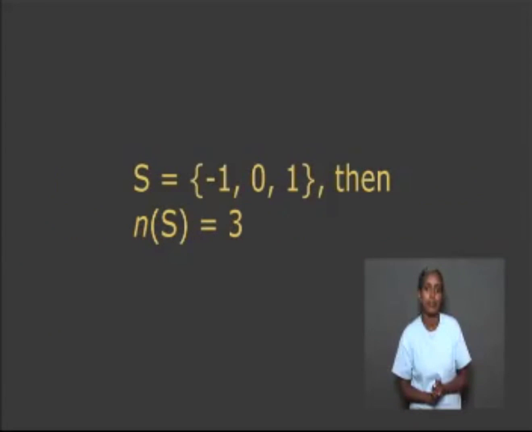For example, if S is the set of elements -1, 0, and 1, then the number of elements of set S is 3.